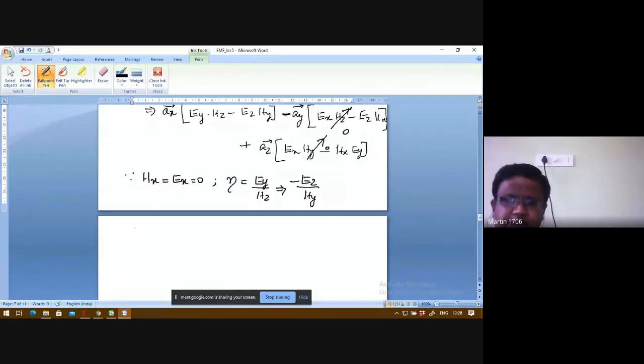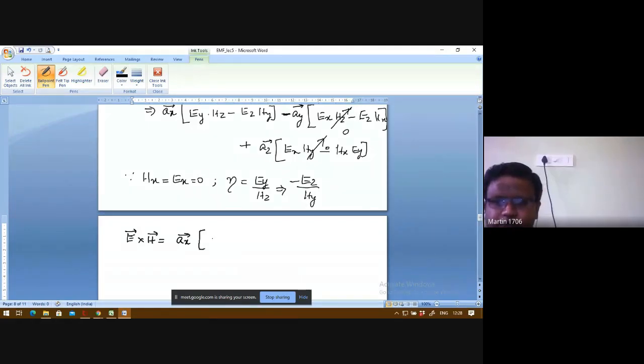So the only thing left is E cross H is equal to Ax vector into Ey Hz minus Ez Hy. Now you substitute Ey and Ez from this expression. So it becomes Ax. How do you write Ey?